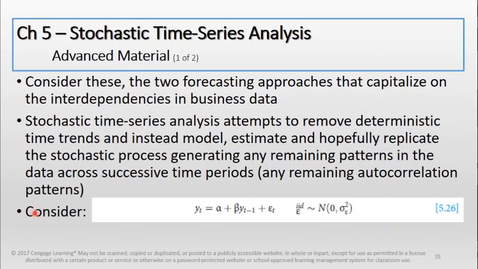So if you consider a simple autoregressive first order process with a positive drift of alpha, in this equation your beta is equal to 1 by hypothesis, and your epsilon t is a pure white noise disturbance drawn independently each period from a zero mean, constant variance normal probability distribution.